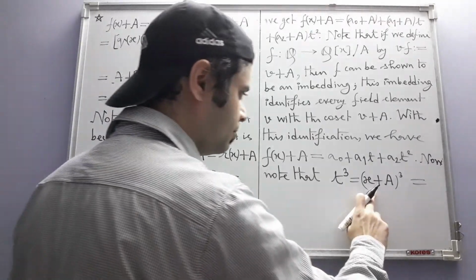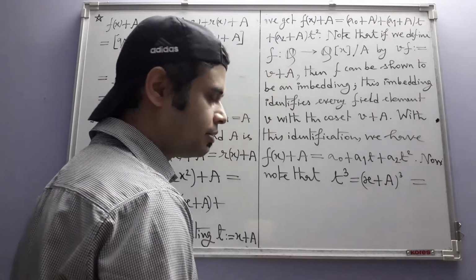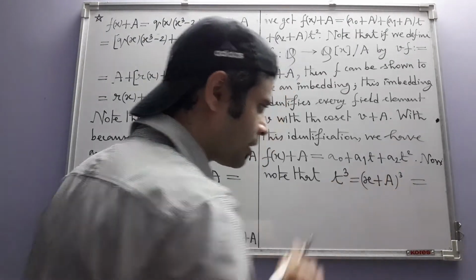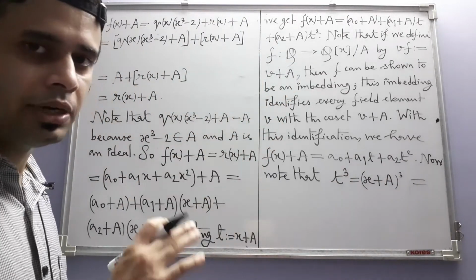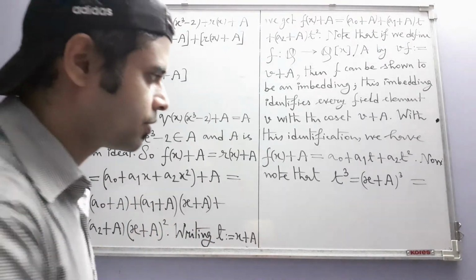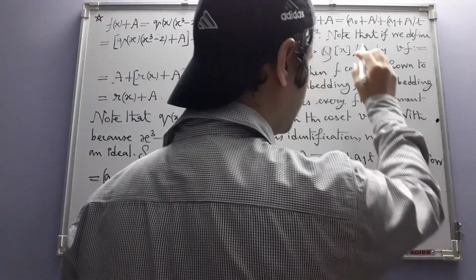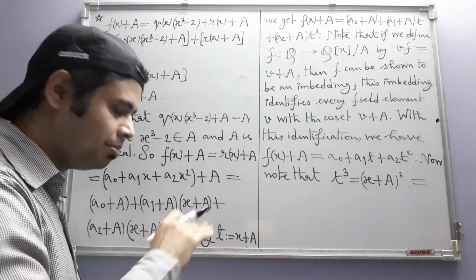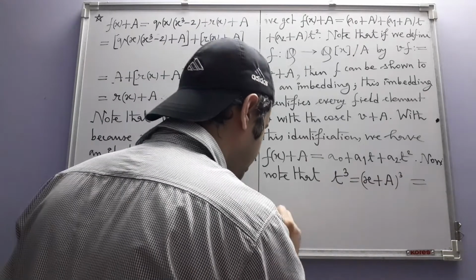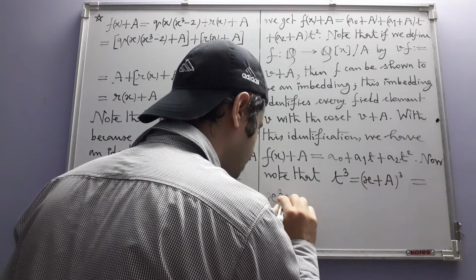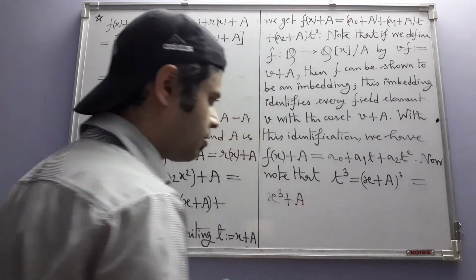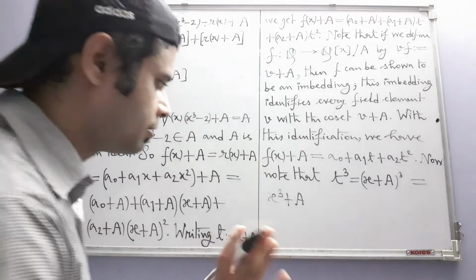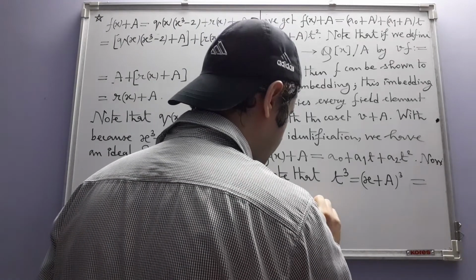Say for example, one starts expanding this using the binomial theorem, but that's not what this product means. Its cube does not mean ordinary cube. It's the multiplication we have in this quotient ring. So it's always important to remember what we are doing. So by definition, this is x cube plus A, not x cube plus 3x square plus 3x plus A square. That is not the thing. So this is x cube plus A.